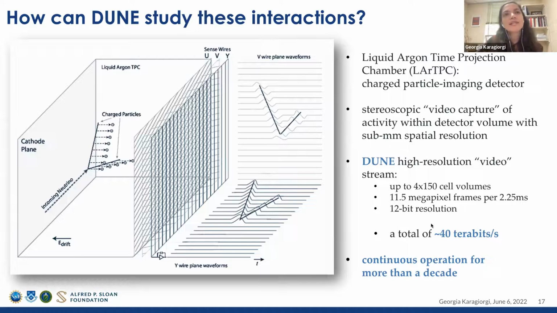So this results in a total data rate of about 40 terabits per second, and DUNE is built to operate continuously, meaning streaming this video rate continuously for the duration of more than a decade.